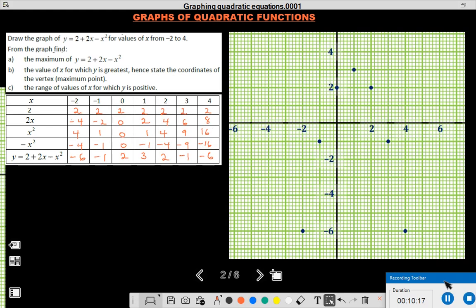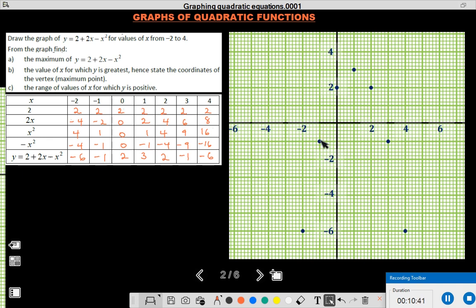Well, I hope you have got all the values and filled the table as mine. The next step is to plot our graph. So we have the value of x and the value of y. Here we have -2, -6. The point is here. We have -1, -1. So -1 is here and -1 is here.